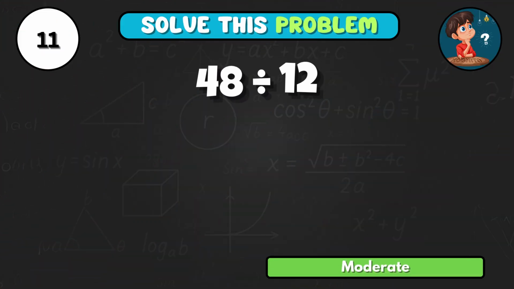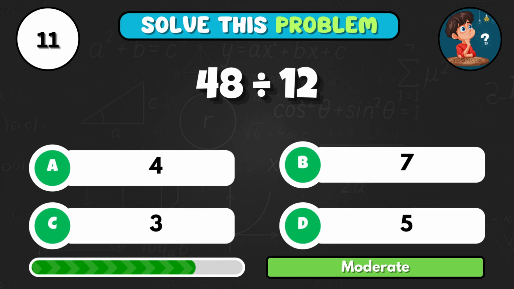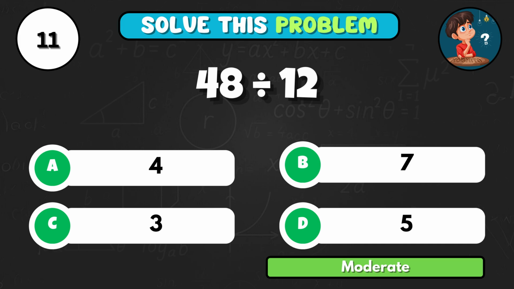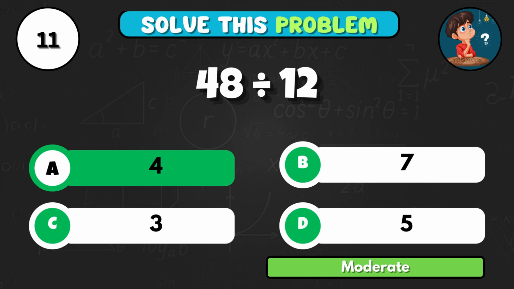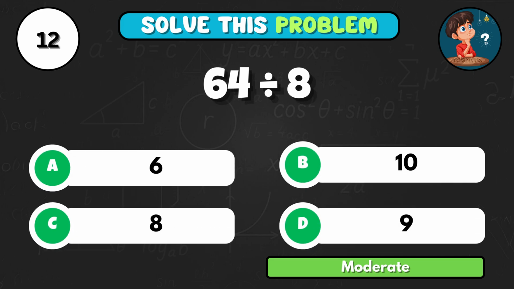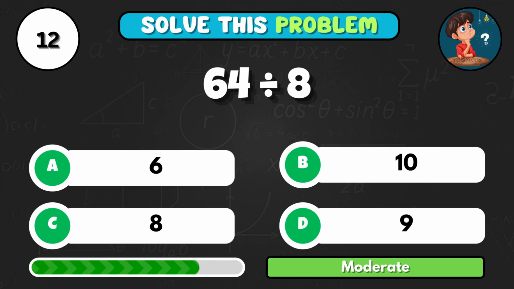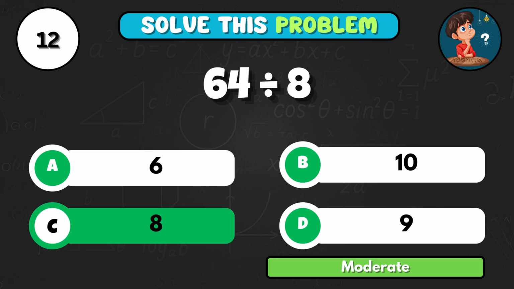What is 48 divided by 12? That's A, 4. Can you solve 64 divided by 8? It equals C, 8.